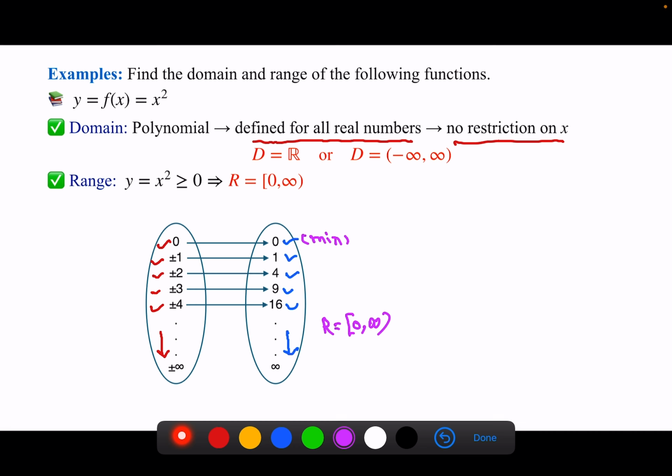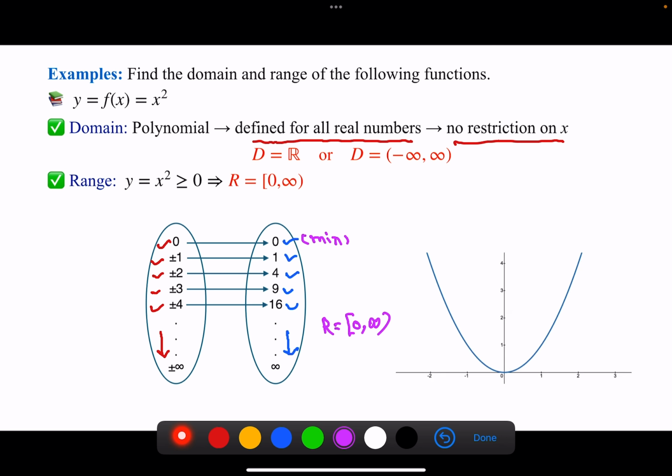Also, using the graphical method, we can talk about the range. See, this is the graph. From this graph we can see that the domain x goes from minus infinity to plus infinity.